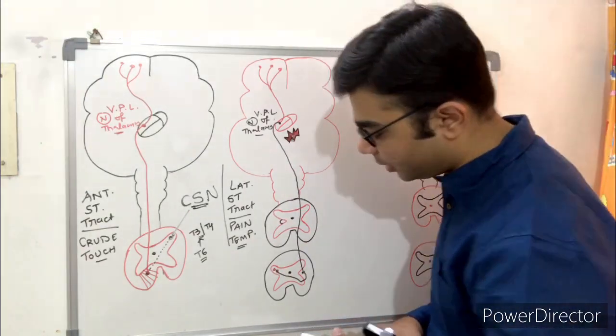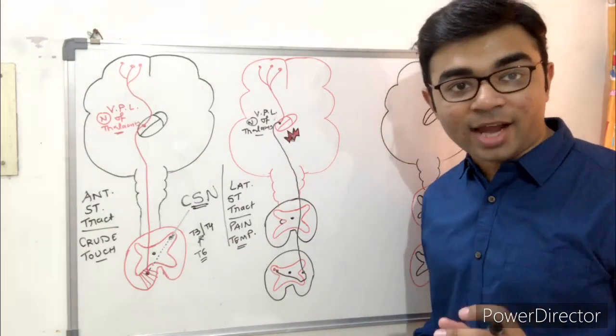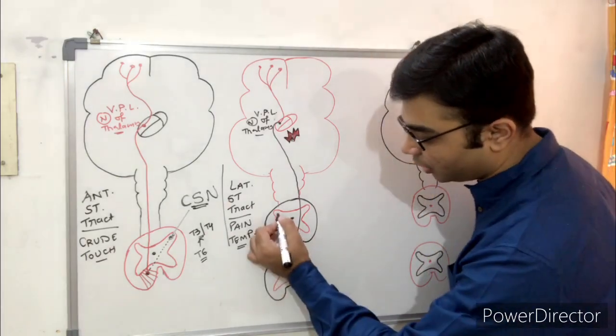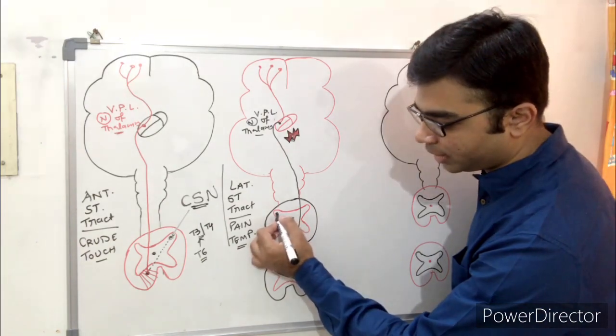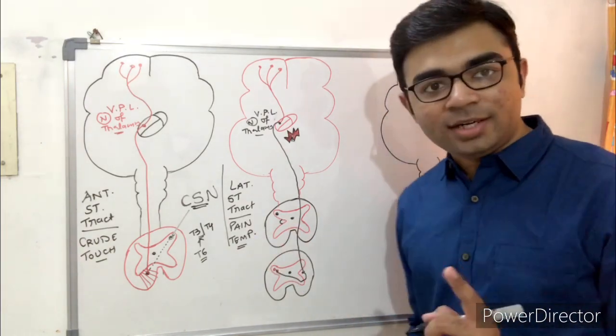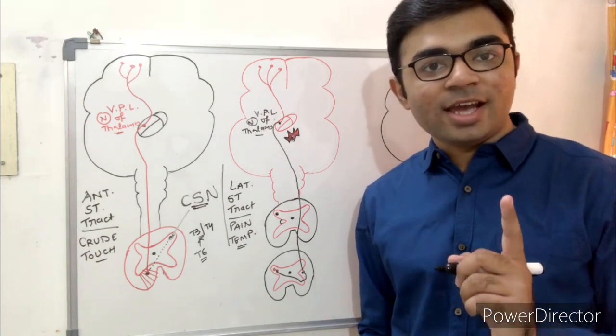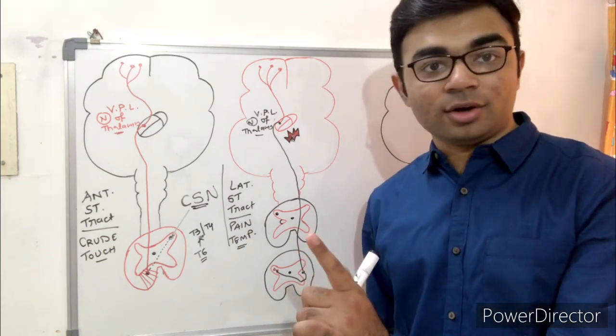The ventral spinocerebellar tract originates from the marginal nucleus, on the periphery portion of the posterior gray horn. It has both crossed fibers as well as uncrossed fibers.